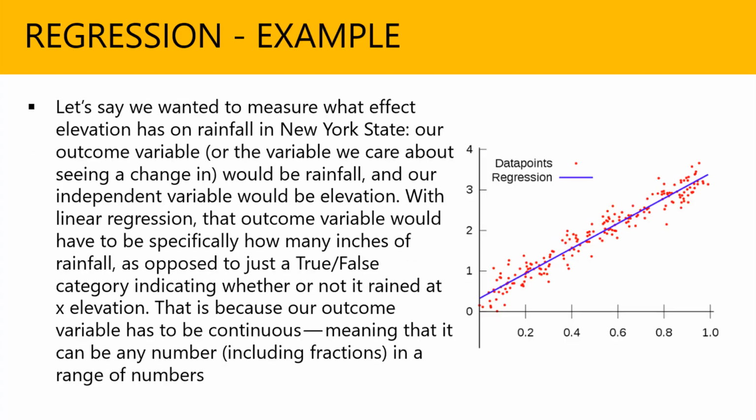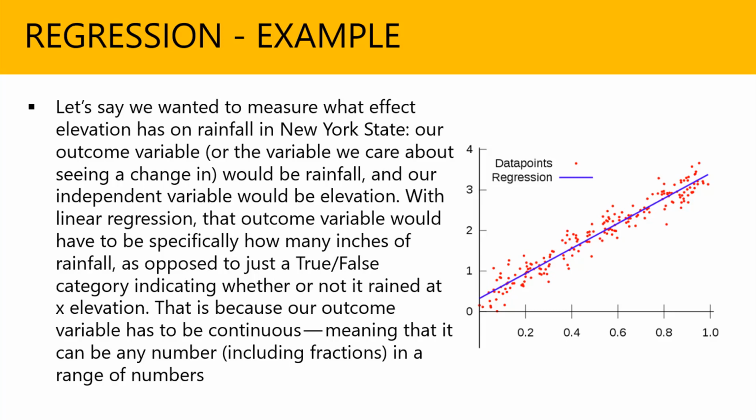Here's an example to further clarify. Let's say we wanted to measure what effect elevation has on rainfall in New York. The outcome variable, the variable that we really care about, would be the rainfall, because that's what we're measuring. And our independent variable would be the elevation.